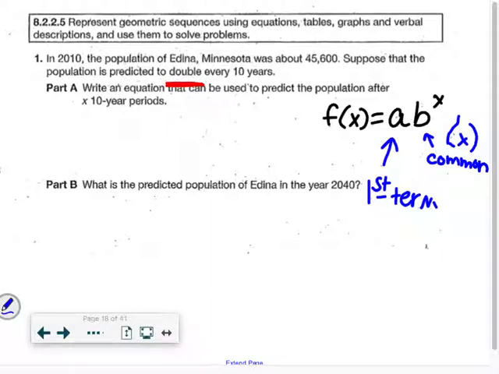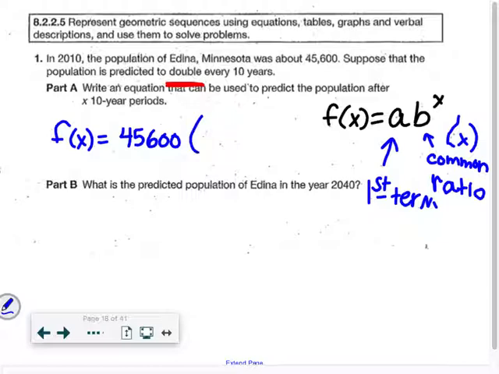And because this one is doubling, it's being multiplied by 2. So f of x equals, our population starts at 45,600. It's doubling, so that means times 2 to the power of x. That x is an exponent for geometric sequences.